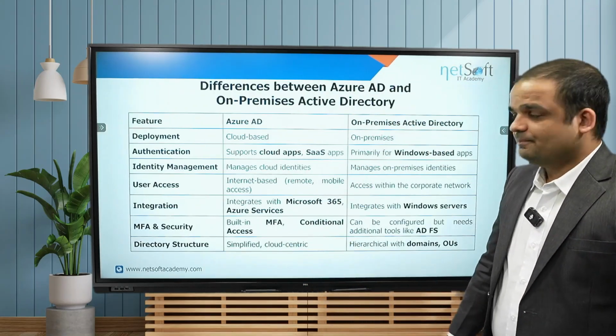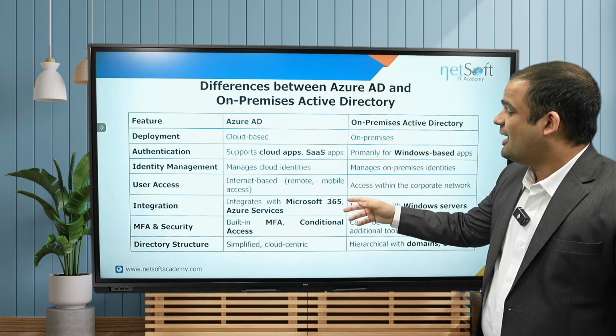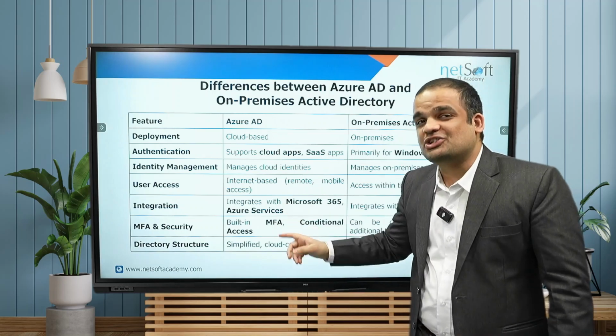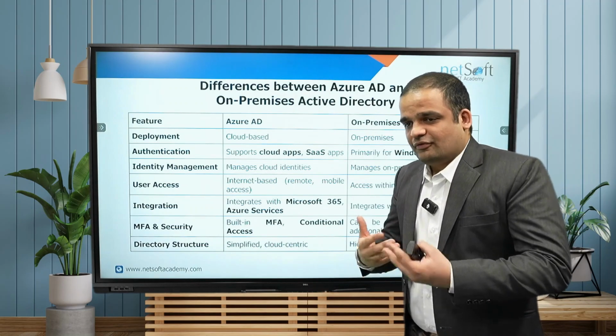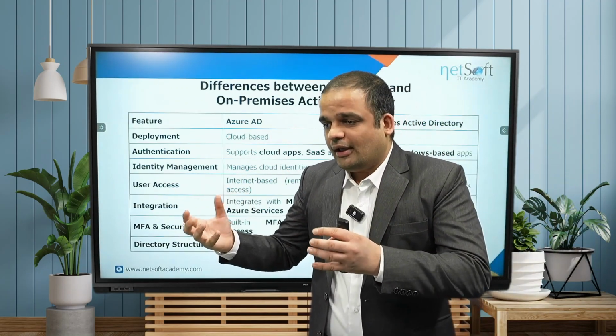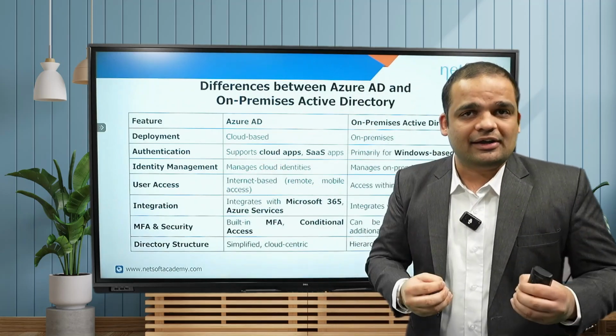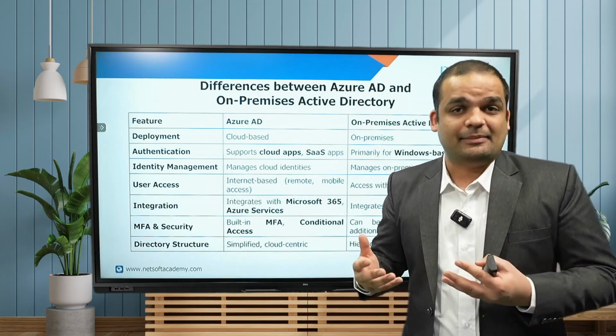How about integration? Well, Entra ID integrates with M365 and other Azure services as well, which simply means that Microsoft 365, which is another product, again a cloud product, can utilize Entra ID as an IAM solution, Identity and Access Management solution.